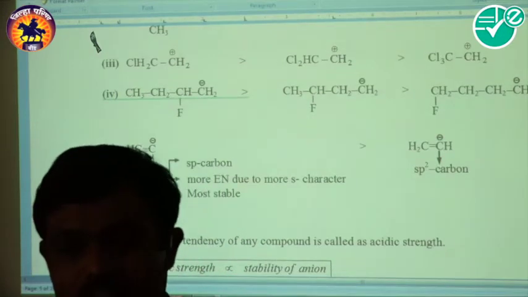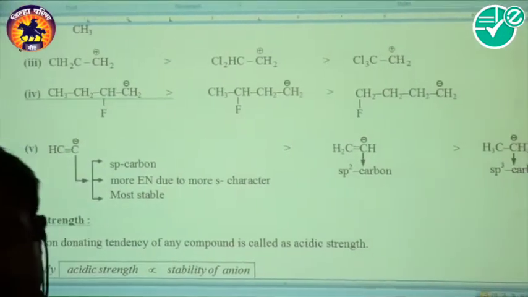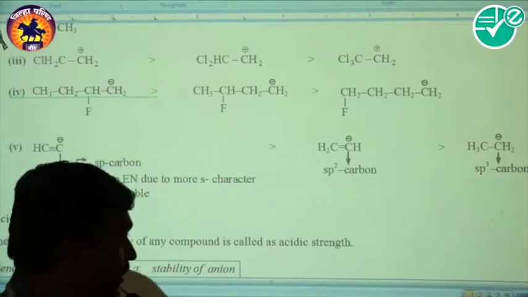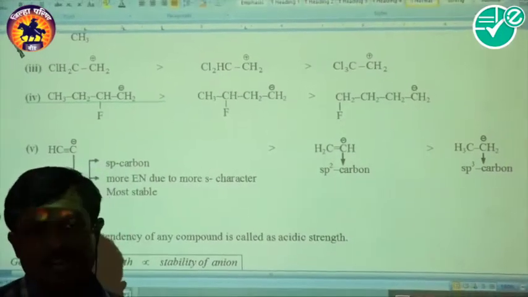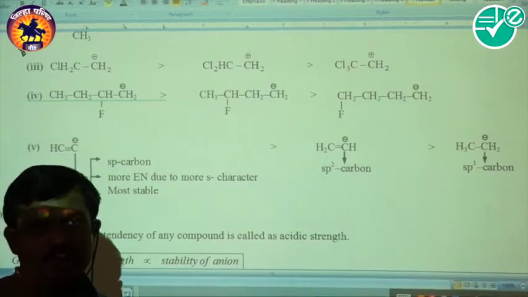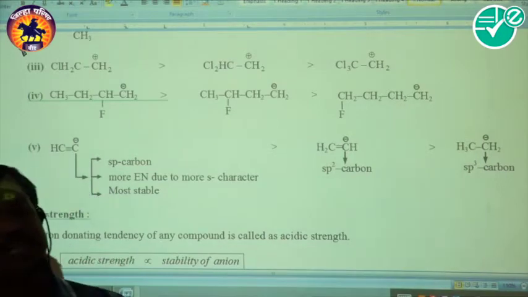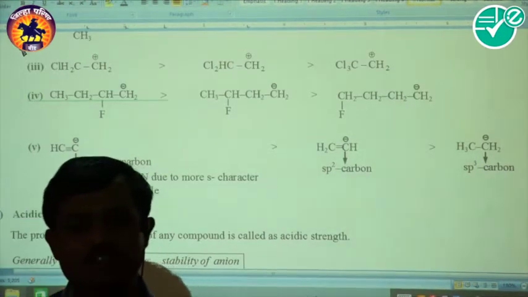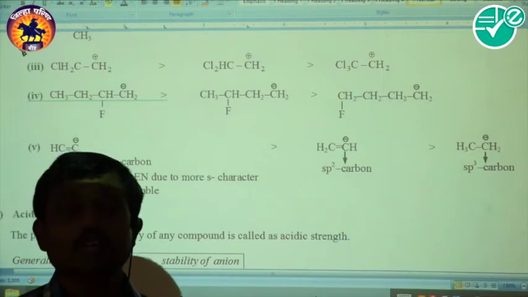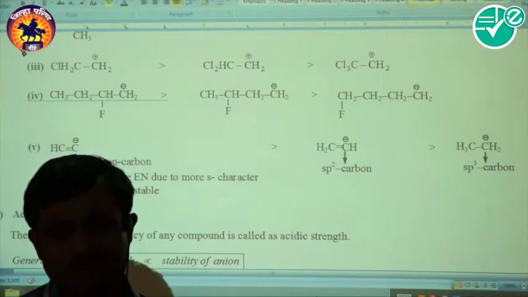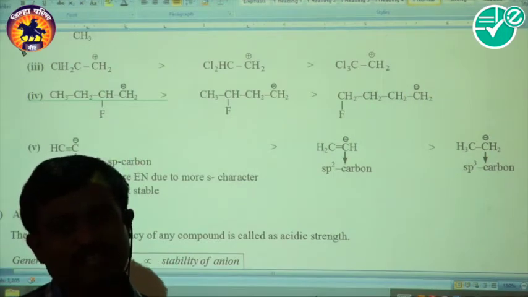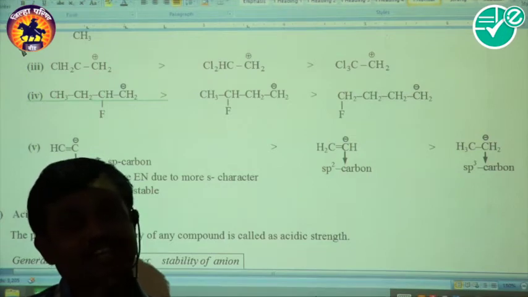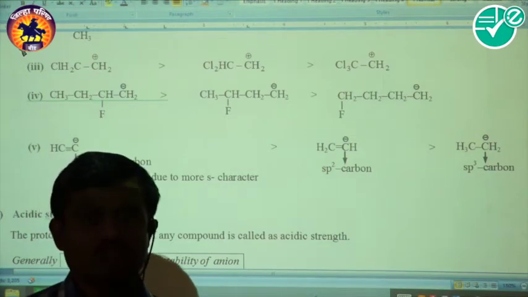Also look at the position of the electron withdrawing group. If you consider the carbocation, we know it is electron deficient, and if the electron withdrawing group is present near it, it becomes more and more unstable.